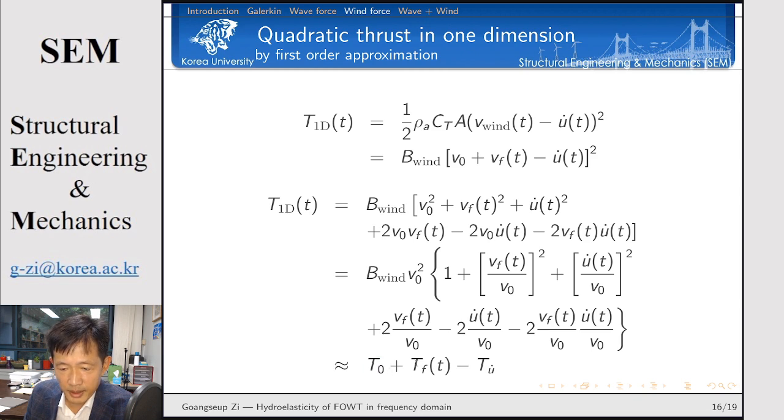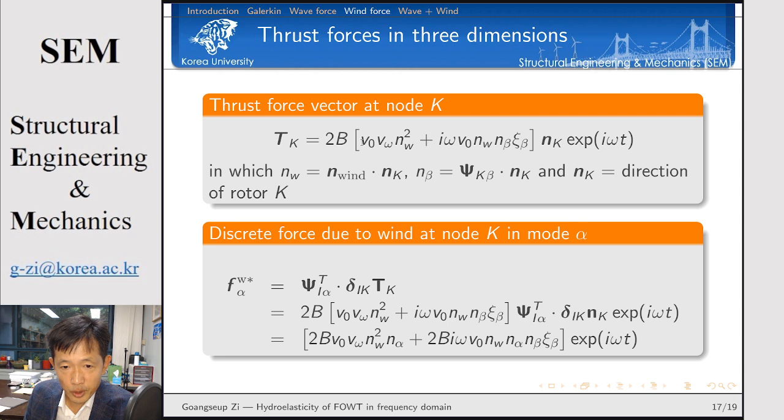For dynamic analysis, we have to consider only these two different terms. Here I showed you the two terms associated with the two thrusting terms. The first one is the term for the velocity fluctuation. The second one is the term for the displacement of the structure.